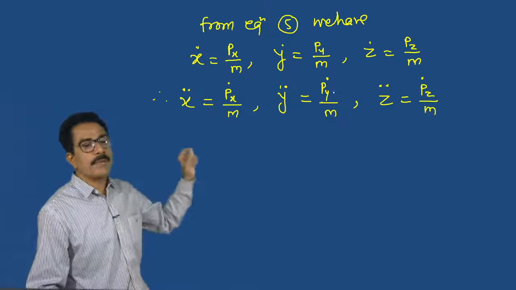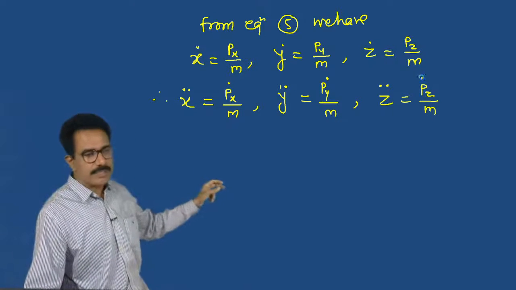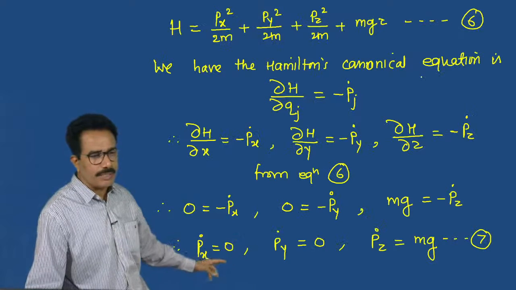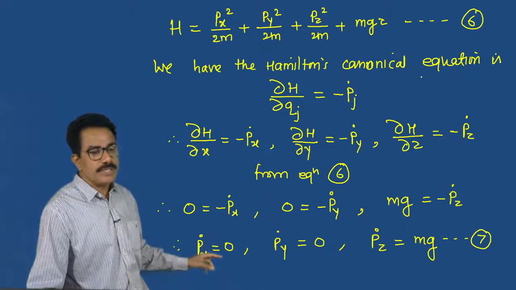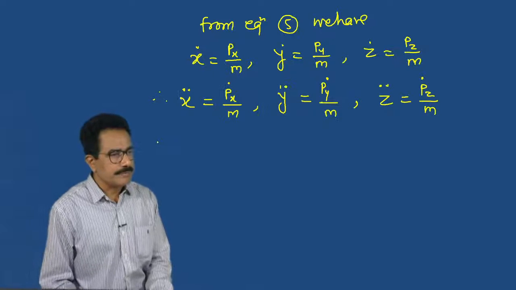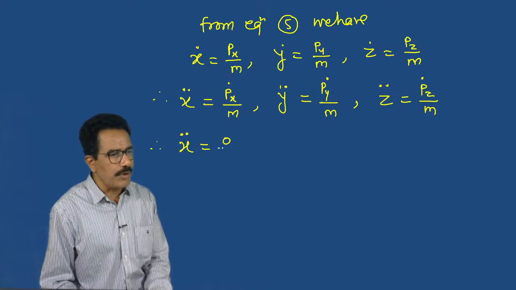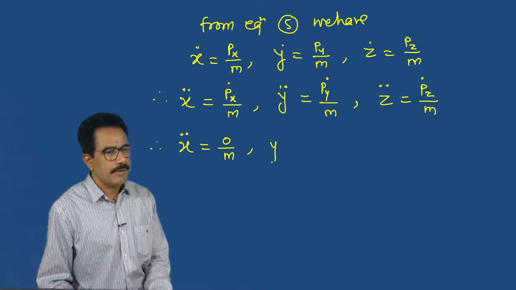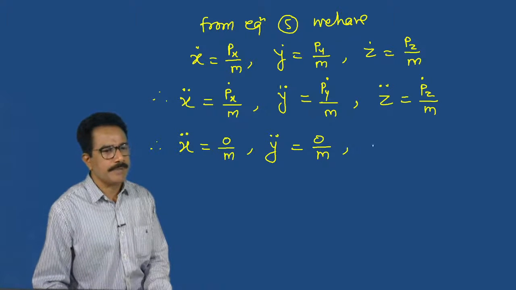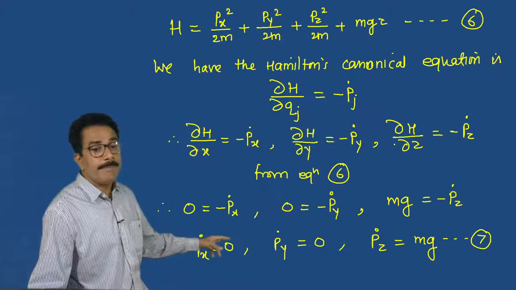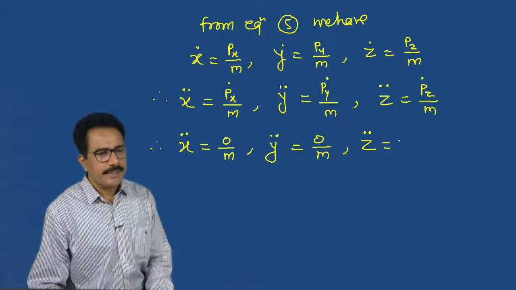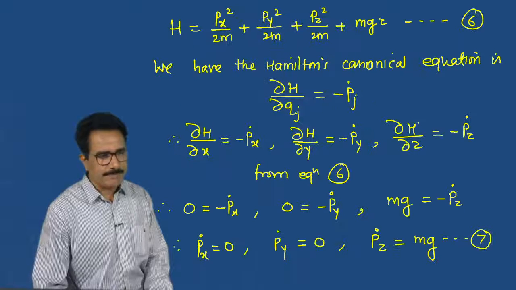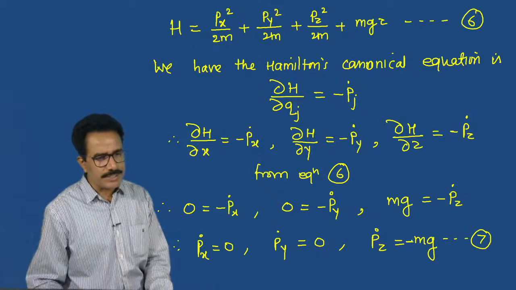Now px dot, py dot, pz dot we can write from equation 7. px dot means 0, therefore x double dot equals 0 upon m, y double dot equals 0 upon m, and z double dot equals mg. Oh, it will be minus mg.